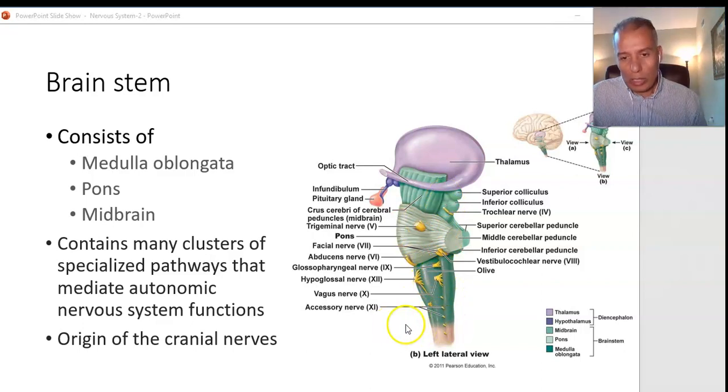So here's the base of the skull, and along the brainstem there are 12 cranial nerves that you'll study later. These are parts of the peripheral nervous system. So we are going to look at the general functions of the brainstem as a whole, and then we take each segment of it and discuss some highlights, some basic functions of it.